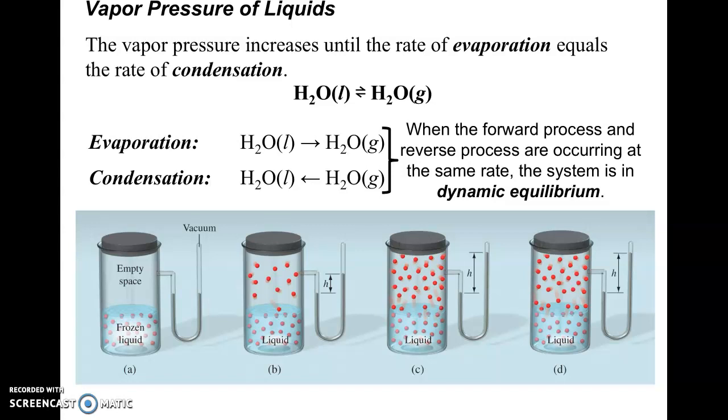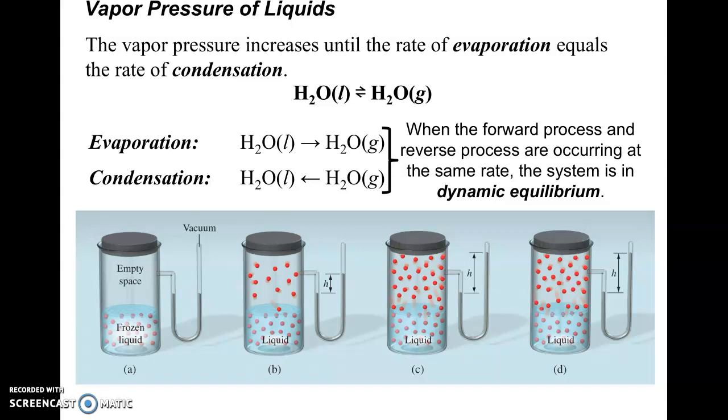You heat it up a little bit so that it becomes a liquid, and some of the gas molecules can escape, and that creates some pressure. So there's a differential in the height of that probably mercury that's in the U-tube. If you heat it up even more, the pressure increases.